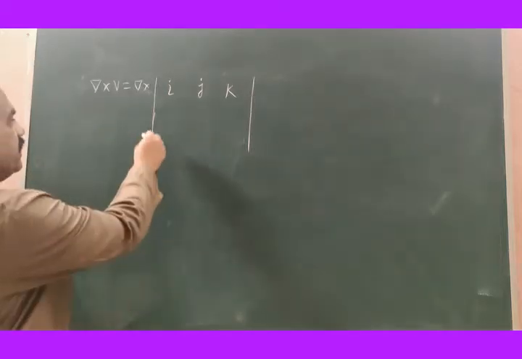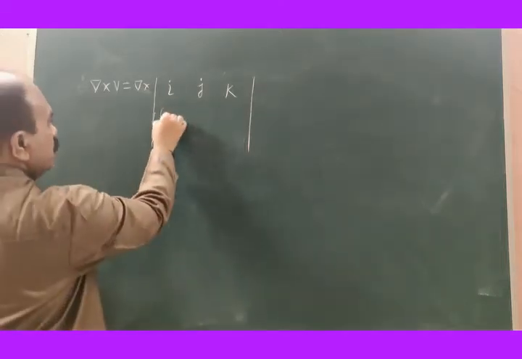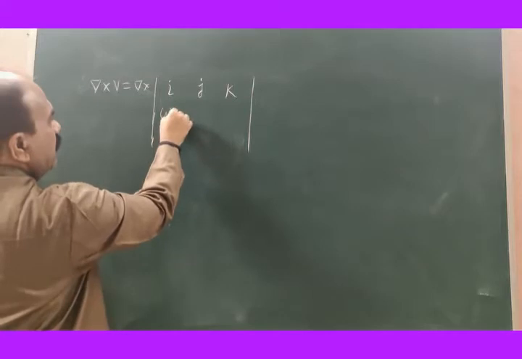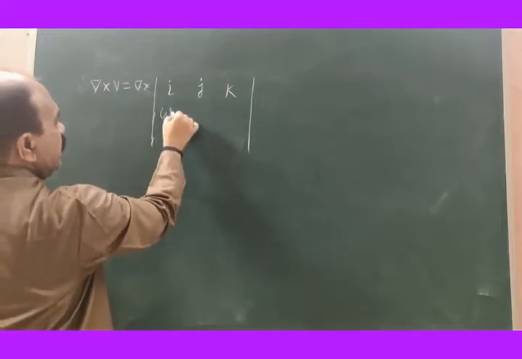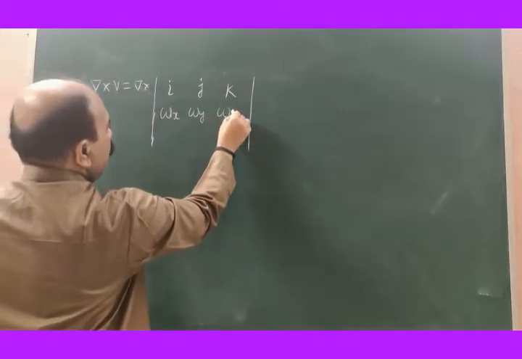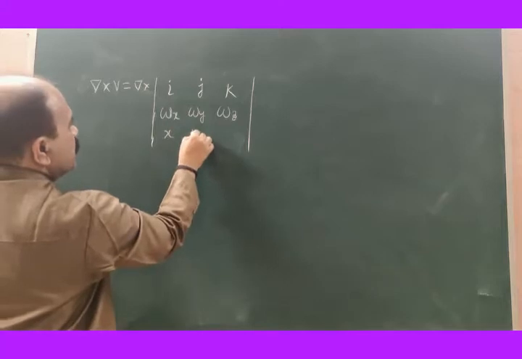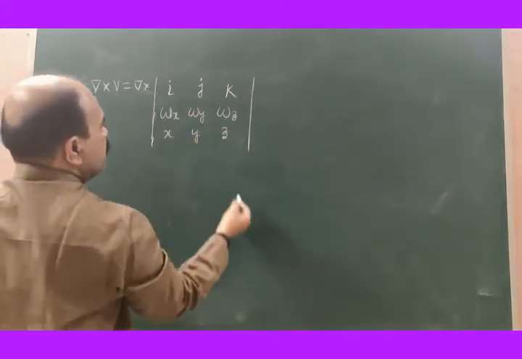del cross V is equal to del cross omega cross R. So I have to put this in a determinant as i j k, omega x, omega y, omega z, and x, y, z.